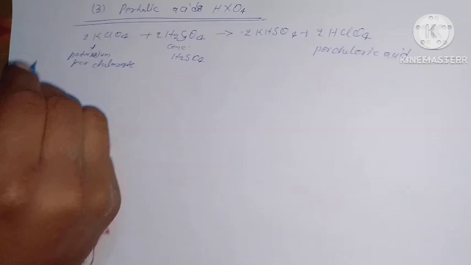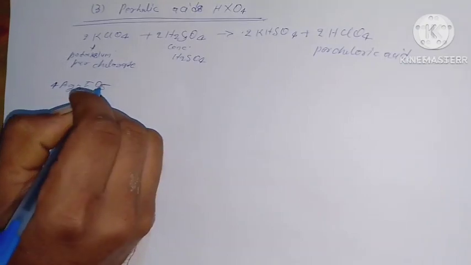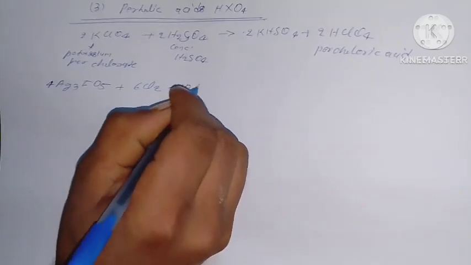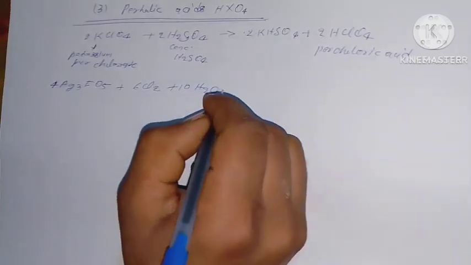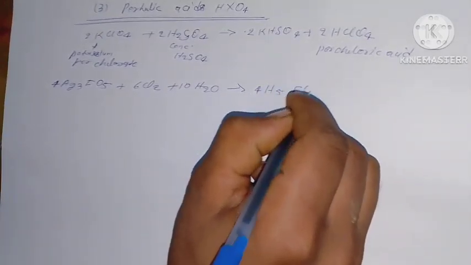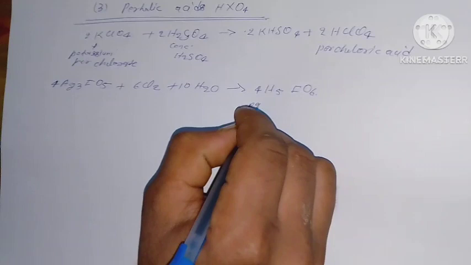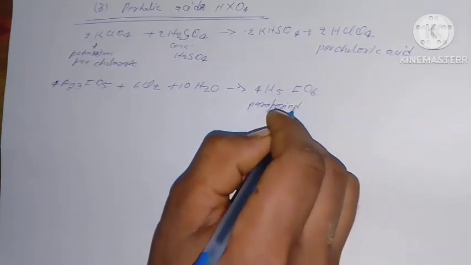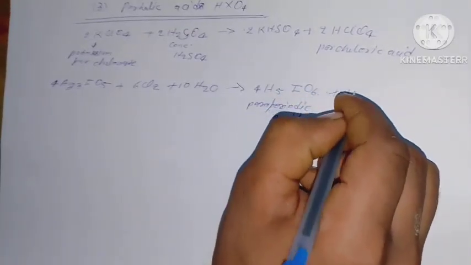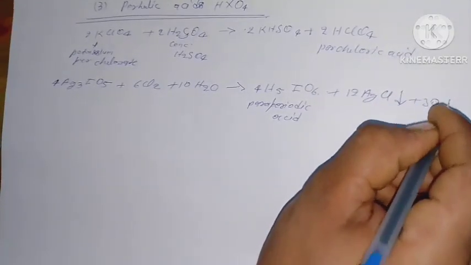Then 4Ag3IO5 plus 6Cl2 chlorine gas plus 10H2O water, that makes 4H5IO6, this is paraperiodic acid, plus 12 AgCl silver chloride plus 3O2 oxygen.